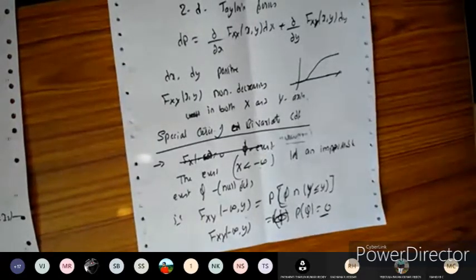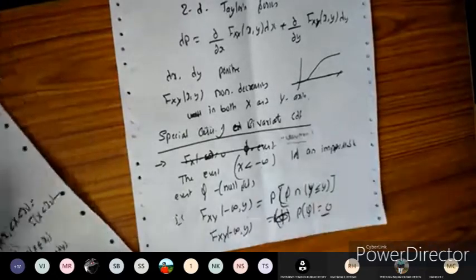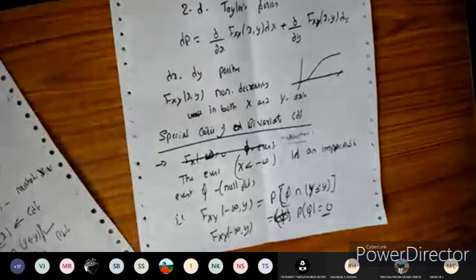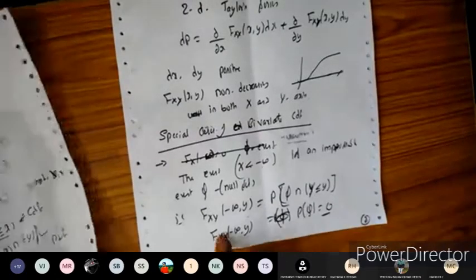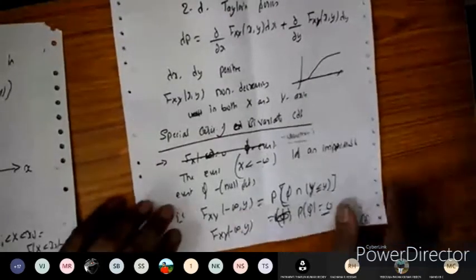This is the same as one of the properties of the CDF we have seen, that F_X of minus infinity is equal to 0. In a similar way, this is applicable on the y-axis also.